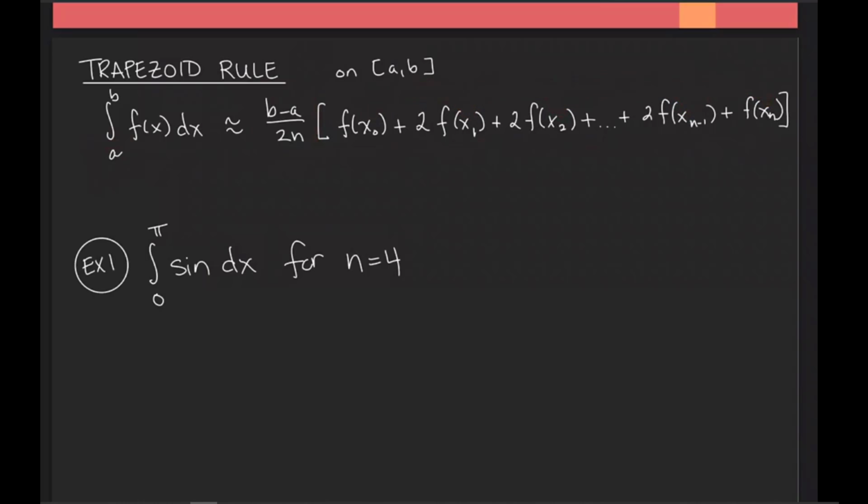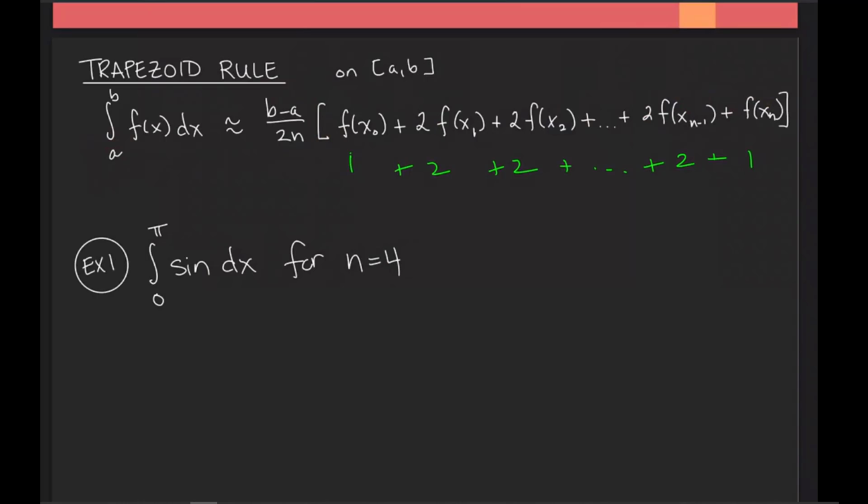And I'll tell you about the increments in a minute. But I want you to notice here it's 1 times this guy, 2 times this guy, 2 times this guy, 2 times this guy, and 1 times this guy. So it has this pattern of 1, 2, 2, 2, 1.